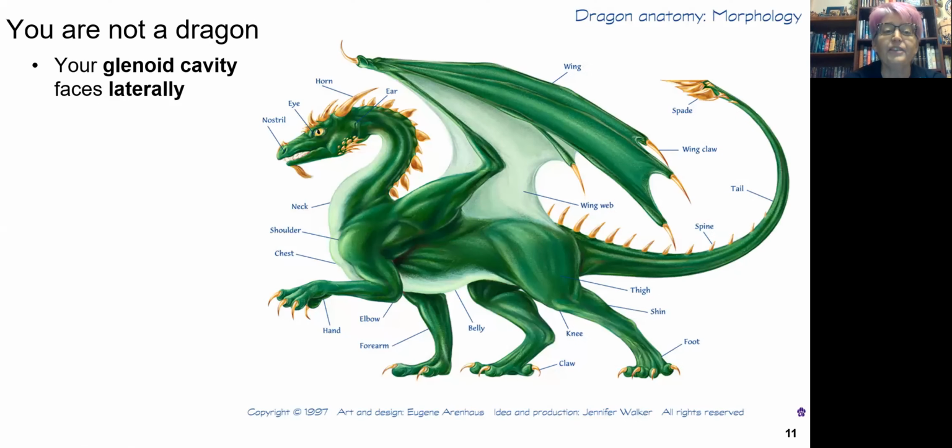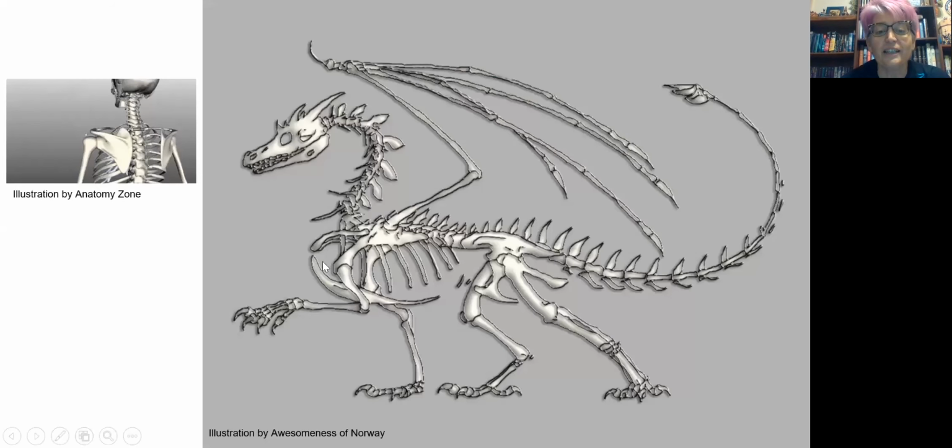Okay, now I have this on here so that students remember, when you're trying to figure out whether a scapula is right or left, which you don't have to do this semester, that the glenoid cavity goes laterally because you are not a dragon. If you were, you would have a space for a bone to articulate on the back of your body.